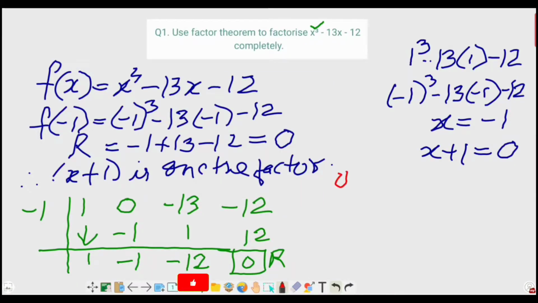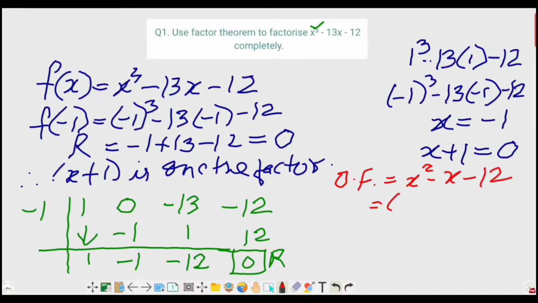Now you are asked to find the other factors first. So your other factor here is x square minus x minus 12. It is a quadratic polynomial. Now you require multiplication 12, difference 1. So 4 and 3 are the numbers.